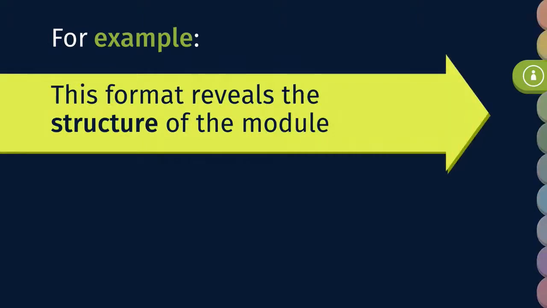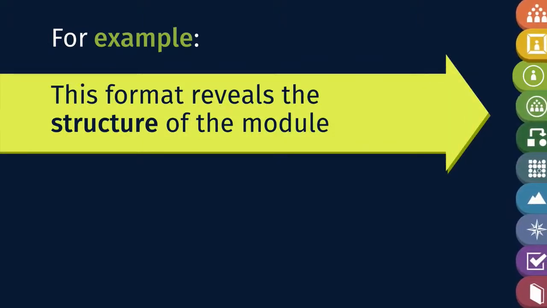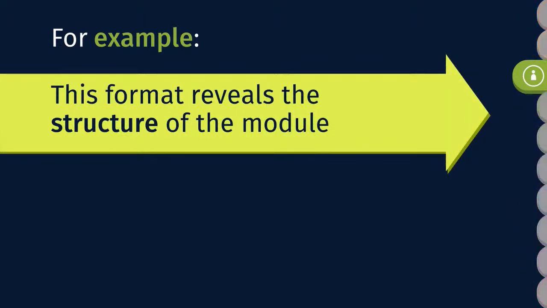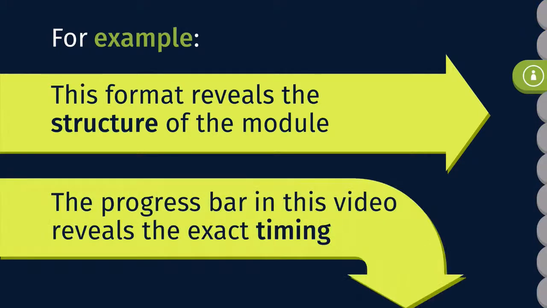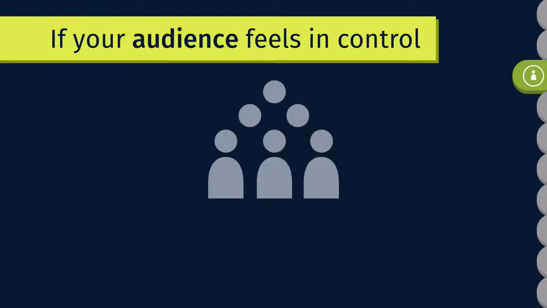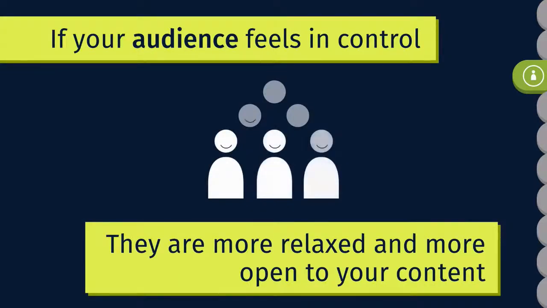In this format, to the right, you see the 10 lessons that make up the module. And at the bottom, you always have a timeline that tells you the progress of the video. If your audience feels in control, they relax. And when they relax, they open up and they're more available to digest your content.